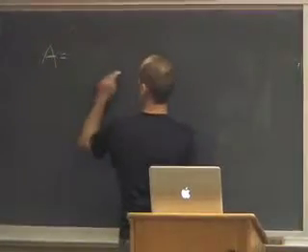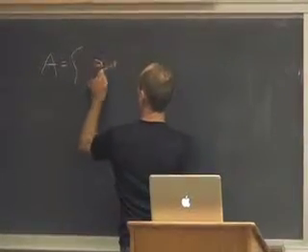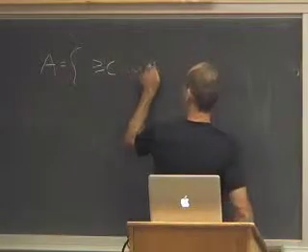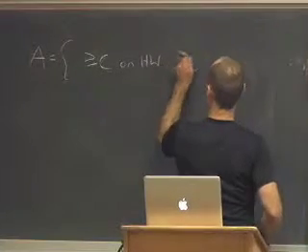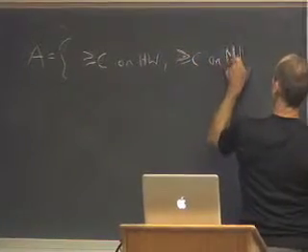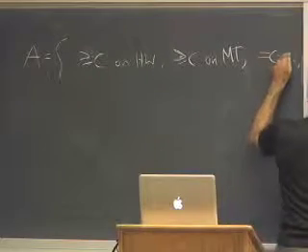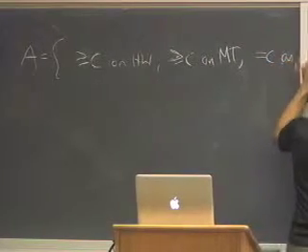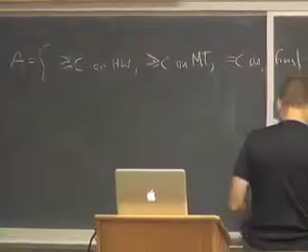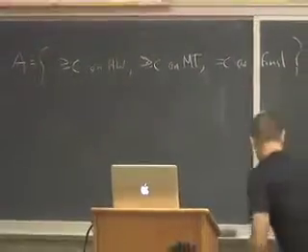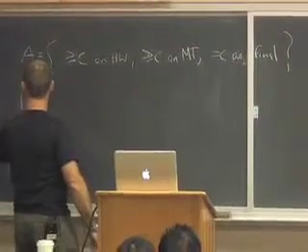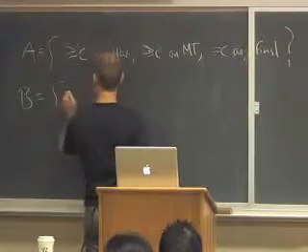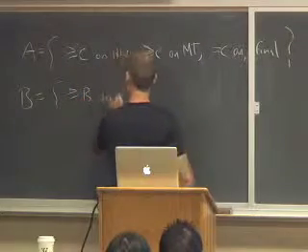So the first event we'll call A is the event that you get greater than or equal to C on homework, greater than or equal to C on midterm, and exactly a C on the final. And B is greater than or equal to B on the final.